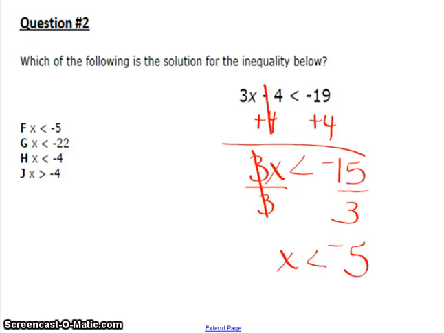When signs are opposite, when we multiply and divide, your answer is always going to be negative. If the signs are the same, your answer is positive. The signs are different, so my answer is negative. So x is going to be less than negative 5. Therefore, your answer is F. X is less than negative 5. If you have any questions with this question, please see me.